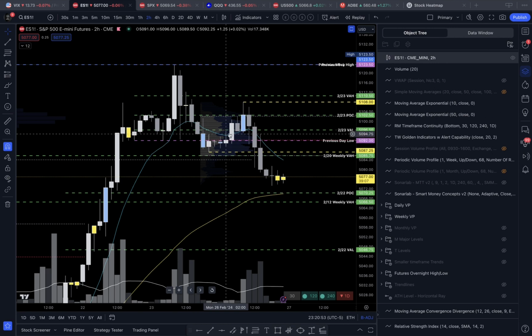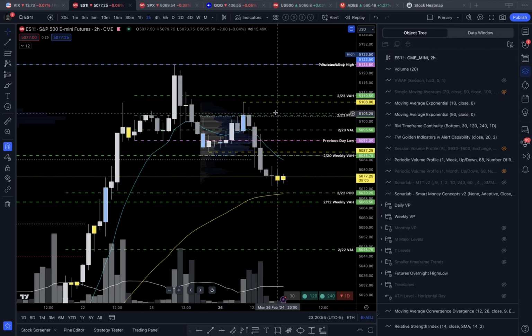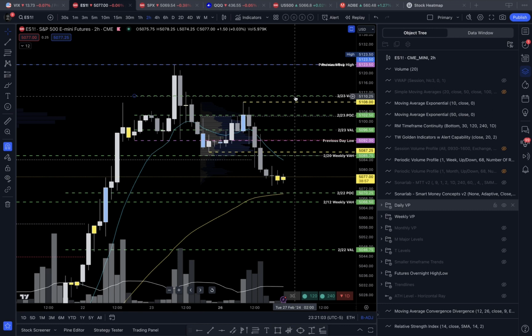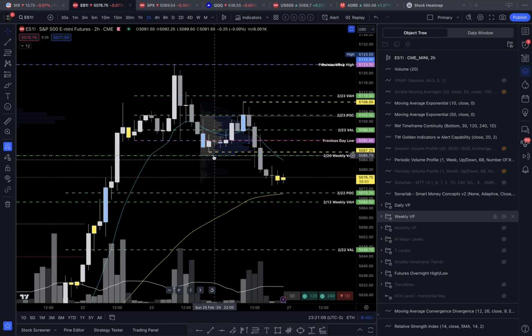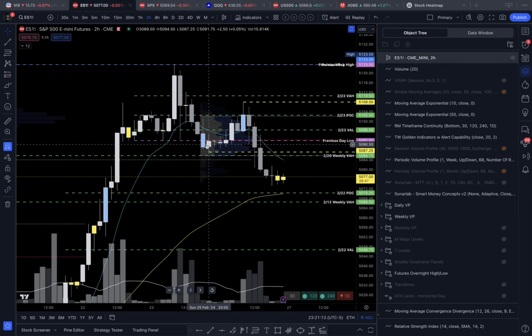You can see Friday's POC, or point of control, was right here at 51.02, and its value area high here was 51.10. Price tested the weekly value area high, we held it, then started to go back up.